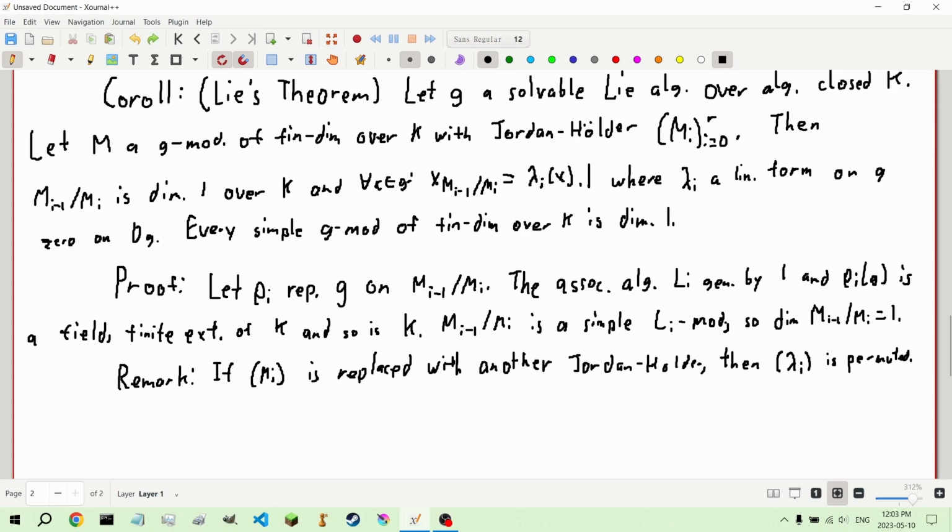And oops, another remark. Let e_i, from 1 to r, be a basis of M such that e_i belongs to M_{i-1} but not M_i.